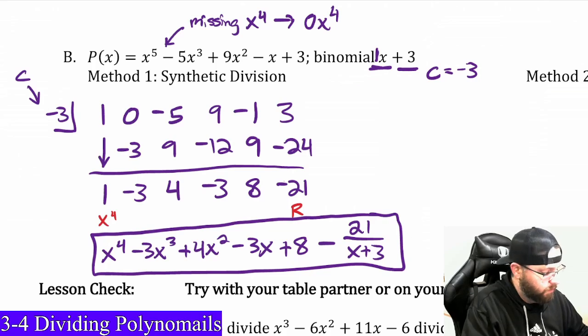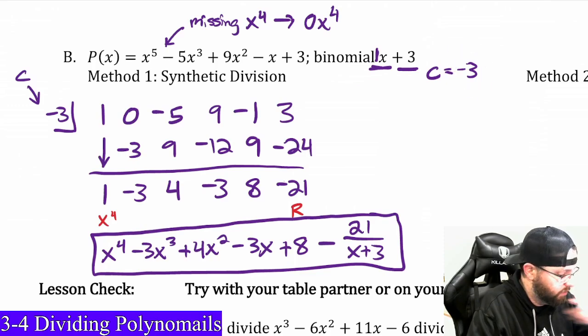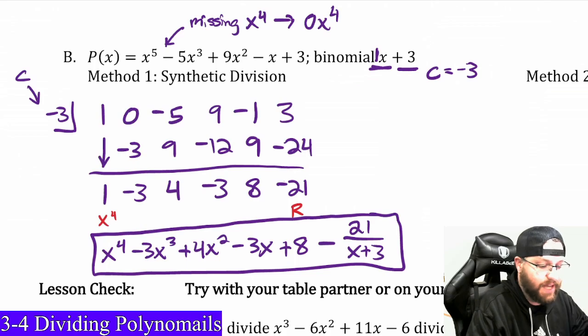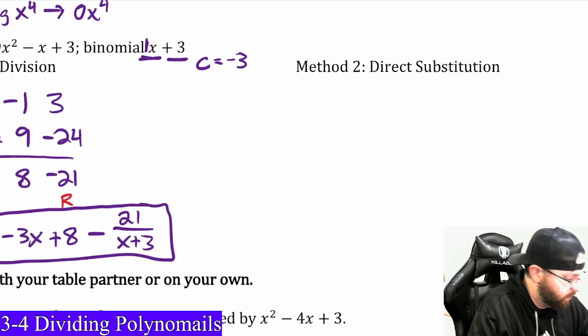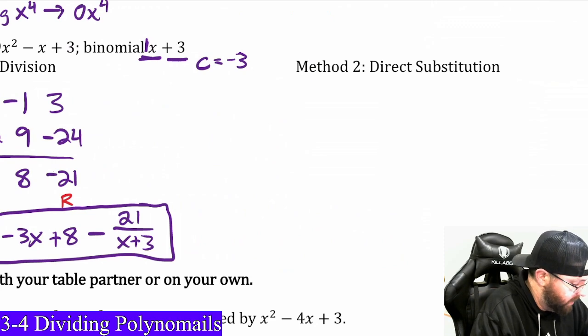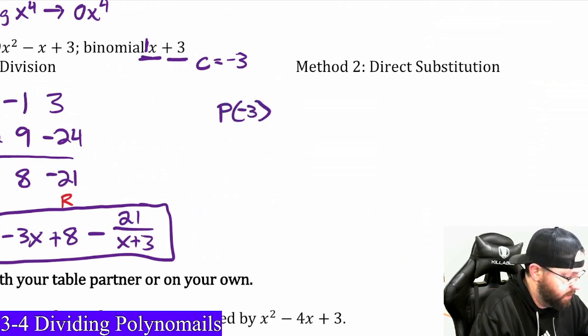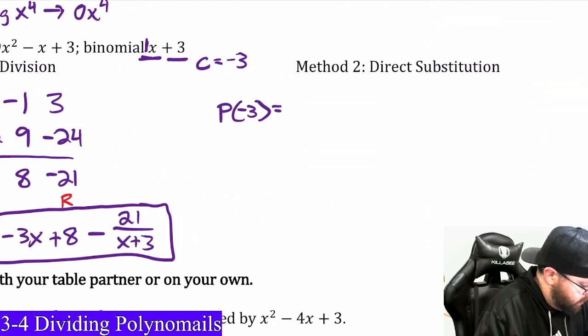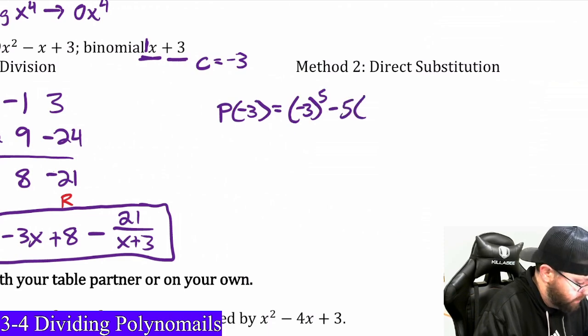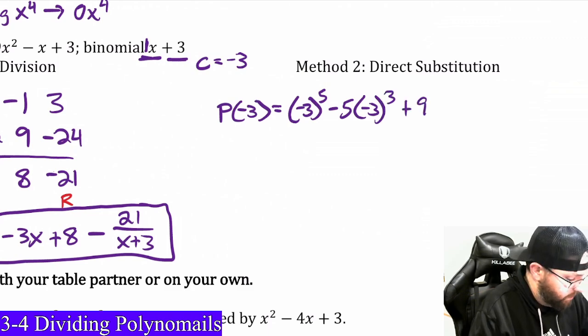So we're going to prove, once again, we're going to plug in negative 3 into the original function, and then we're going to prove that it's not a factor. Okay, so doing direct substitution, when we plug in p of negative 3, we're going to get negative 3 to the power of 5 minus 5 times negative 3 to the power of 3 plus 9 times negative 3 squared minus a negative 3 and then plus 3.